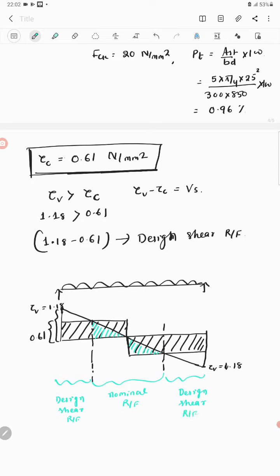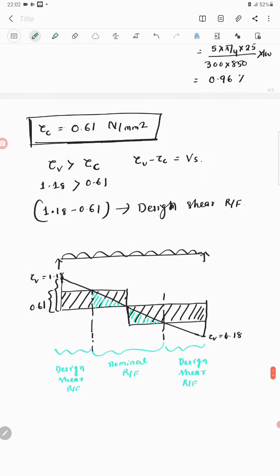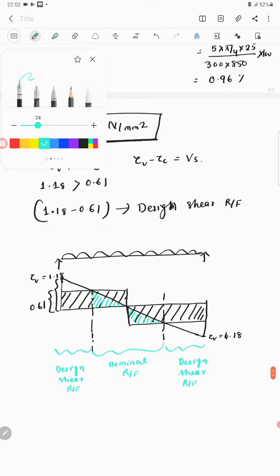Because we know at the support shear stress is maximum, so at the support we have to design for shear reinforcement. You can calculate for what length we will provide nominal and for what length we will provide design shear reinforcement, from similarity of triangles.